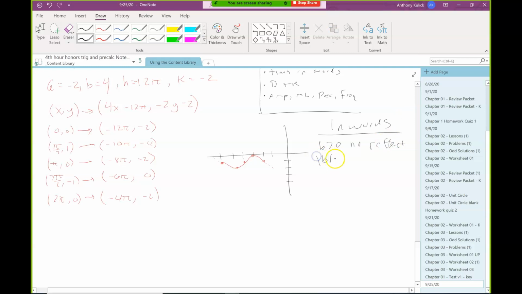And the magnitude of b is greater than 1, so we have a horizontal stretch. And A is less than 0, so we have a reflection across the x-axis. And the magnitude of A is greater than 1, so we have a vertical stretch. H is less than 0, so we're going left 12 units. And K is less than 0, so we're going down 2 units.